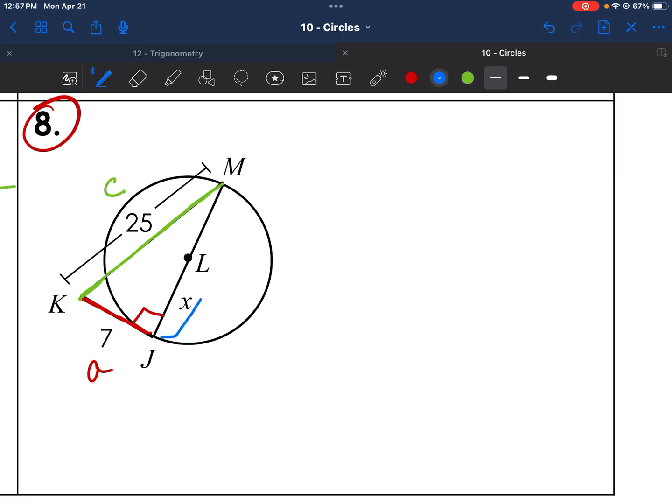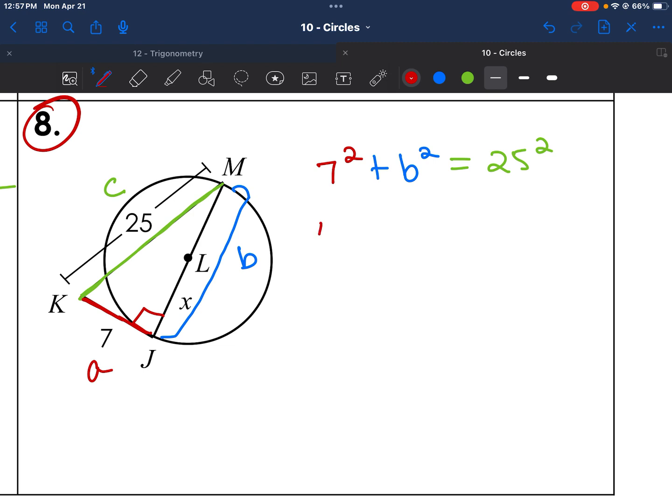Now here's the thing. JM is B, but X is only half of that. So we're going to solve for B first because that's what helps create the right triangle, and then we'll just half it. So we set this thing up: 7 squared plus B squared equals 25 squared.